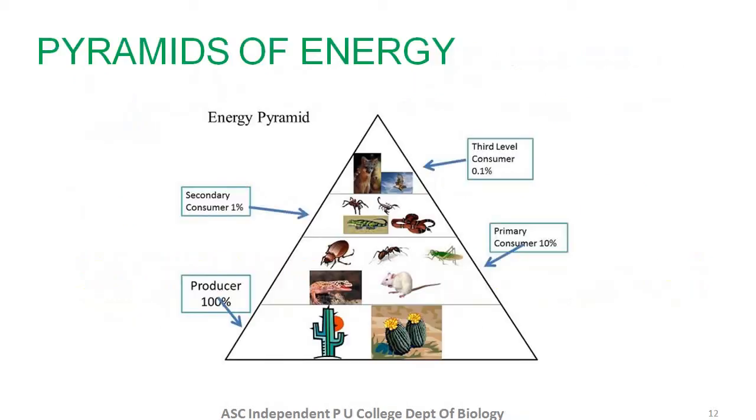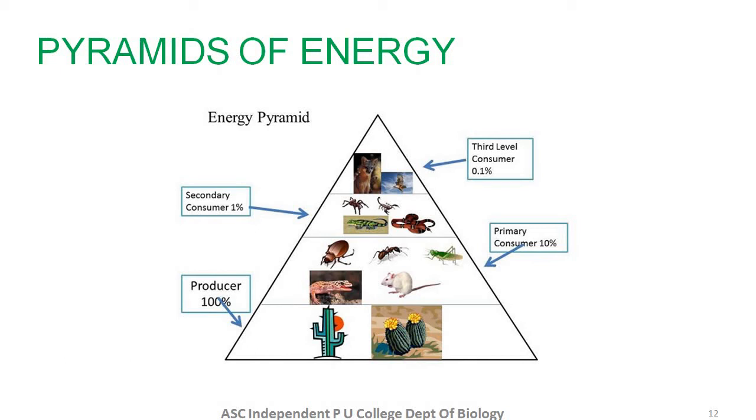So the third type of ecological pyramid is the pyramid of energy. Pyramids of energy represent the amount of energy at different trophic levels. Energy pyramids are always upright because there is a gradual decrease in energy at successive trophic levels, as we have understood with respect to the 10% law.